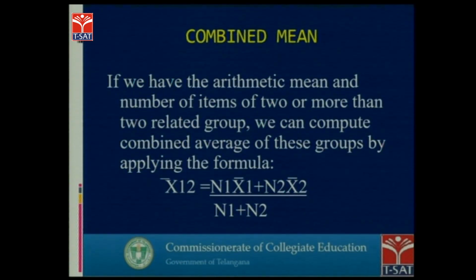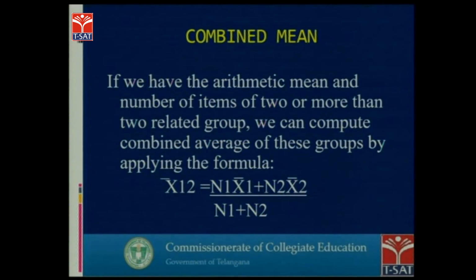So now let's see the second mean, that is combined mean. When we have two or more groups of arithmetic means, then we will use combined mean to combine both the means. The formula for calculating combined mean is x bar 1 2 is equal to n1 into x bar 1 plus n2 into x bar 2 divided by n1 plus n2.